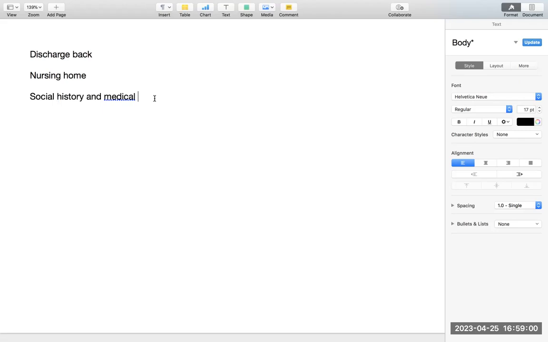So in these kinds of letters, we should not write social history and medical history. That is why these letters are repeated. They want to test you as medical professionals. So in this letter there are two punches which are very important in the first paragraph.